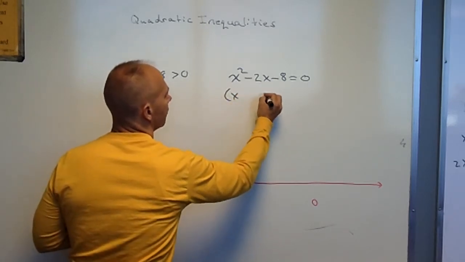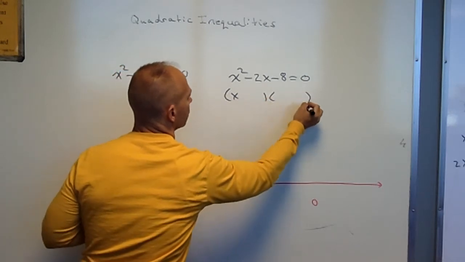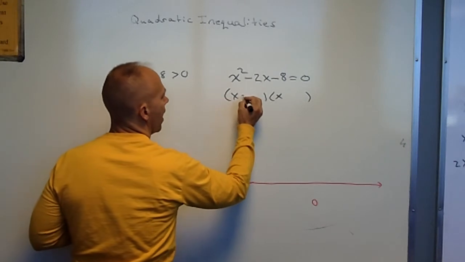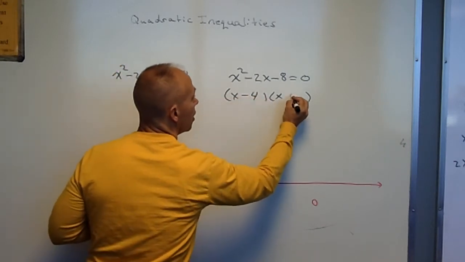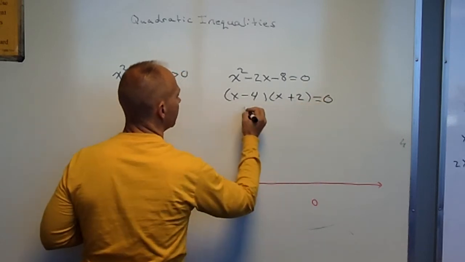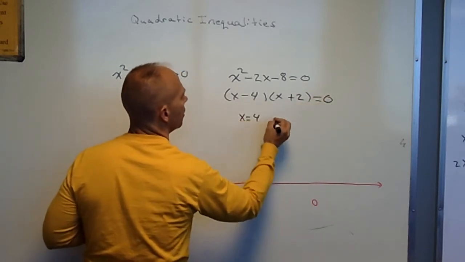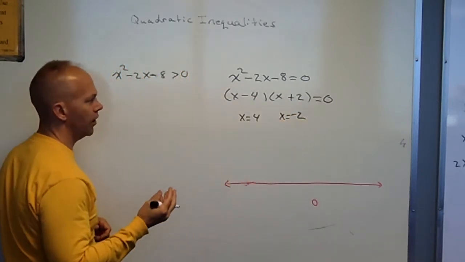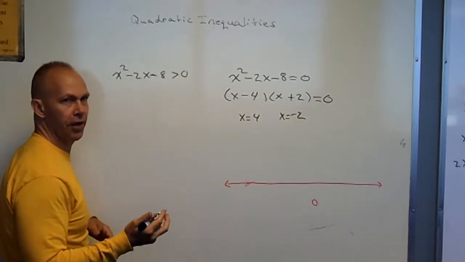And let's see, this would factor into two binomials. First terms would be x, factors of negative 8 that add to negative 2. That'd be minus 4 and positive 2. And this would give me solutions of x equal 4 and x equal negative 2.